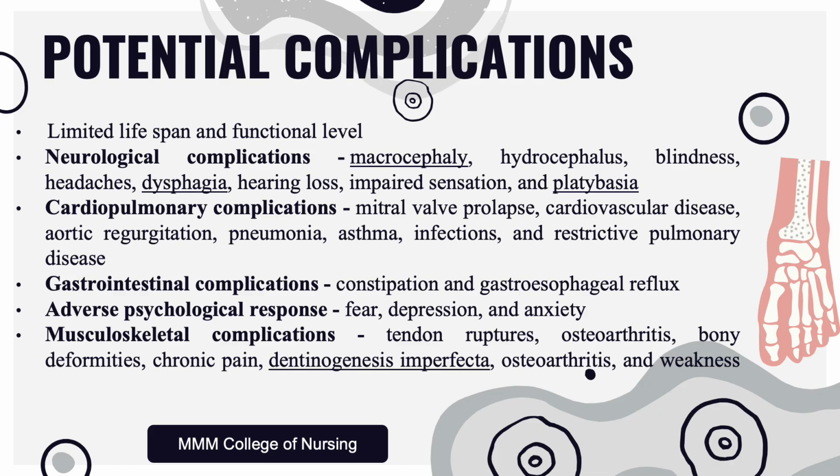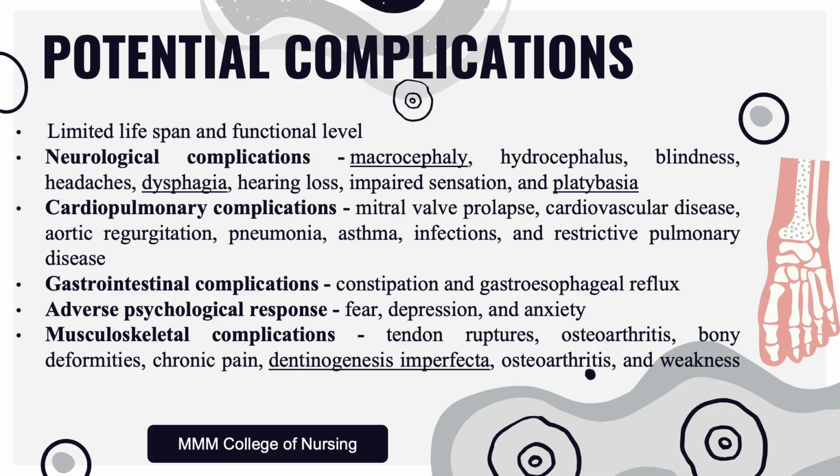Here, there is too much CSF or cerebrospinal fluid buildup in the brain's cavities, which are otherwise called ventricles, causing increased pressure on the surrounding brain tissue. Other complications include blindness, headache, dysphagia, that is difficulty in swallowing, hearing loss, impaired sensation, and platybasia, which is an abnormal congenital or acquired flattening of the base of the skull, where the upper part of the cervical spine pushes the skull base upward.